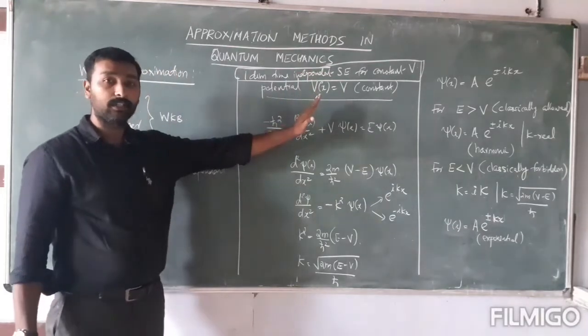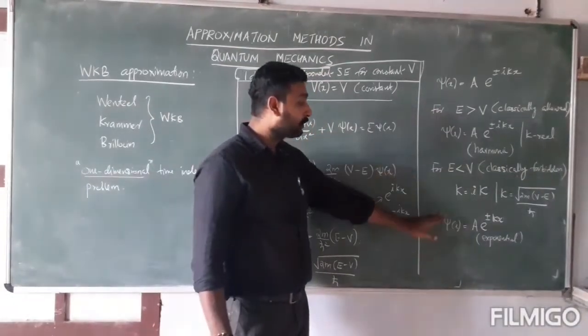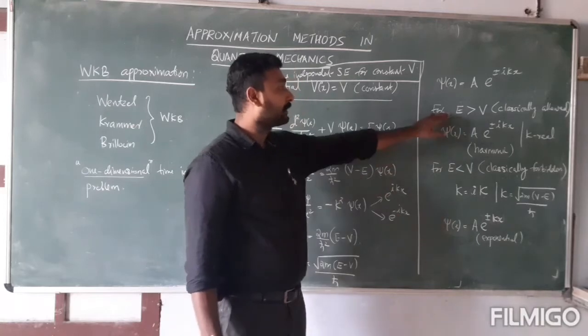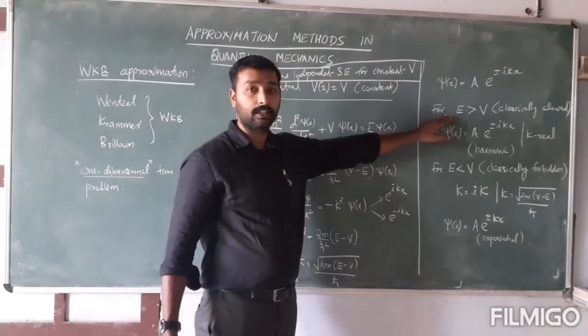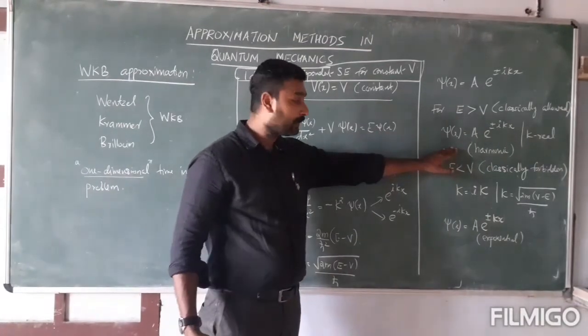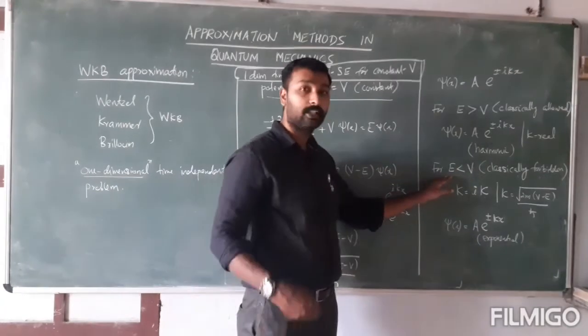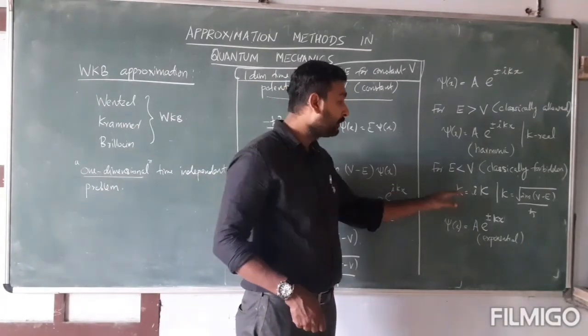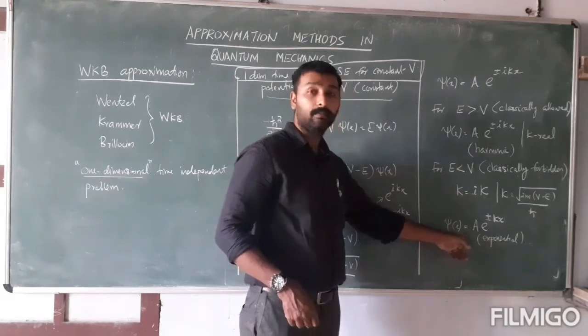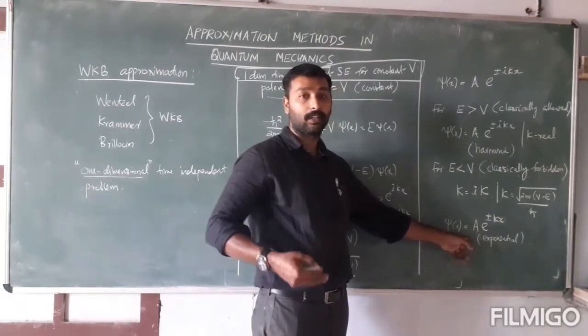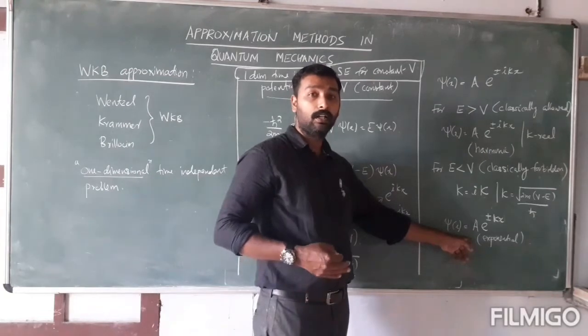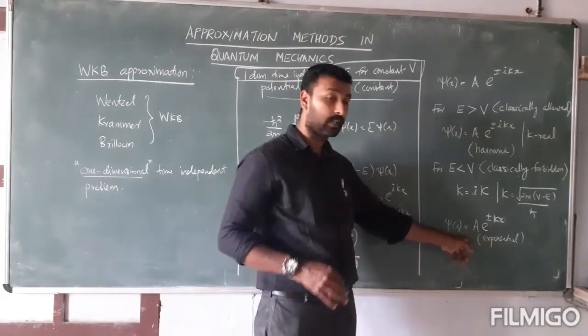So you have to remember this. For constant potential I have got two cases. One is the total energy greater than the potential energy, where the wave function will become harmonic in nature, and the other case is the total energy less than the potential energy. In that case, the wave function will become exponential. It can be positive exponential or negative exponential, depending upon the boundary conditions of the problem.